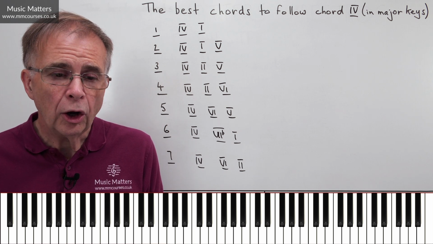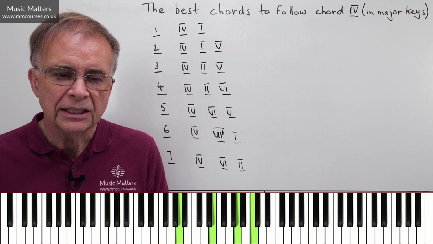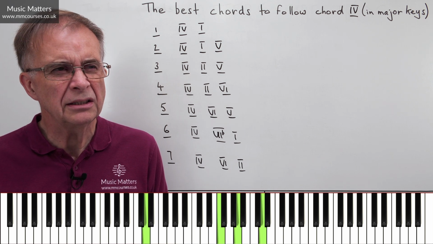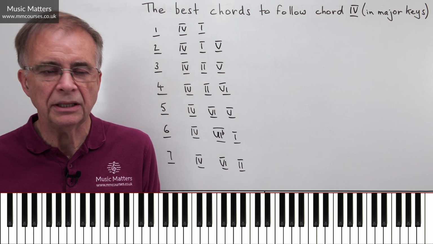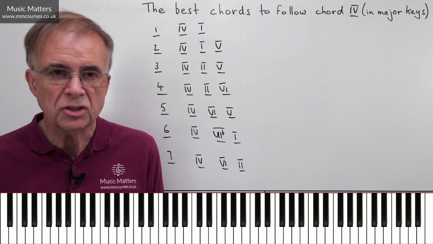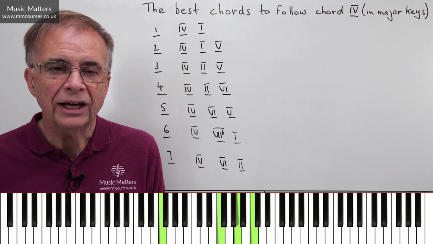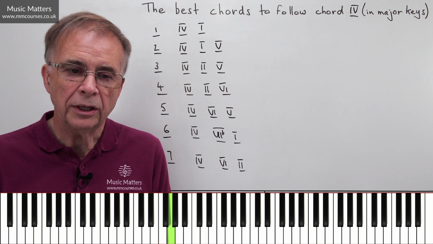Okay, and then option 7 is going from 4 to 6 to 2. So 4 to 6 to 2 sounds perfectly all right, but you might be thinking it doesn't sound very finished. Okay, doesn't have to, because it might be a phrase that's yet to be finished. So how about you do a little extension where you go 4 to 6 to 2 to 5 to 1.